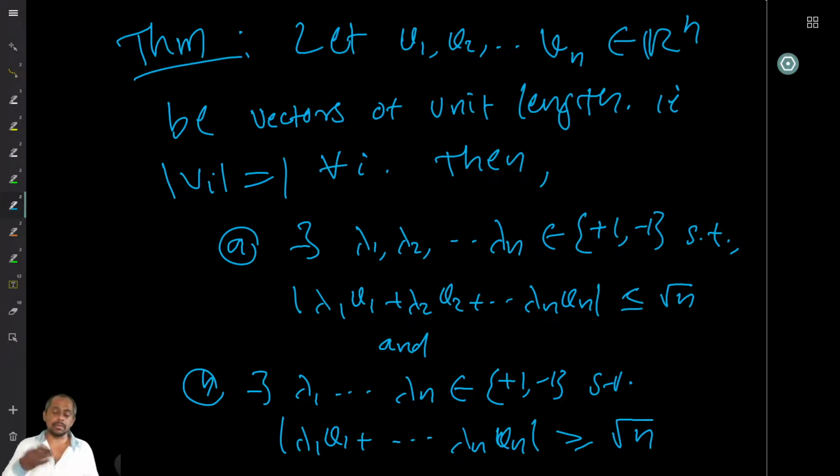The length is less than or equal to root n, and you can also find lambdas, again from plus or minus 1, such that the norm of lambda 1 v1 plus etcetera plus lambda n vn is greater than or equal to root n. Given any set of such vectors, we can do this. So can you try to come up with a proof on your own? Think about this before you go to see how we do the proof.